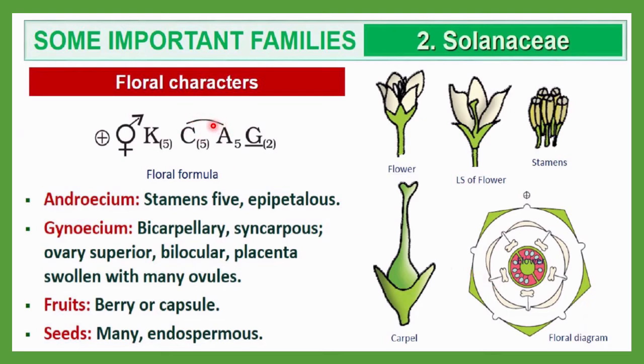So this link is indicating that each stamen is connected with the petals of the corolla. That's why in the floral diagram, this is the anther, and it is connected with the petals. And that's why what is written here: stamens are 5 and epipetalous, that means it is connected with the petals.